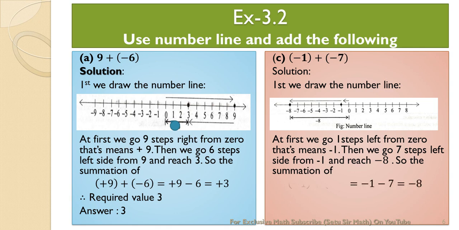So the summation of minus 1 plus minus 7, that would be minus 1 and minus 7. So minus and minus, that would be plus, 7 and 1, that would be 8. And the sign will be the bigger number's sign. The bigger number here is 7, and this number's sign is minus. This is the answer, minus 8.